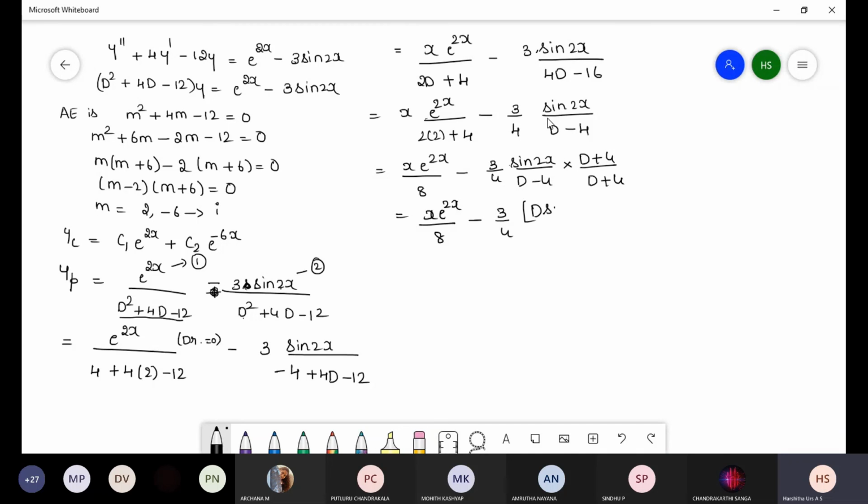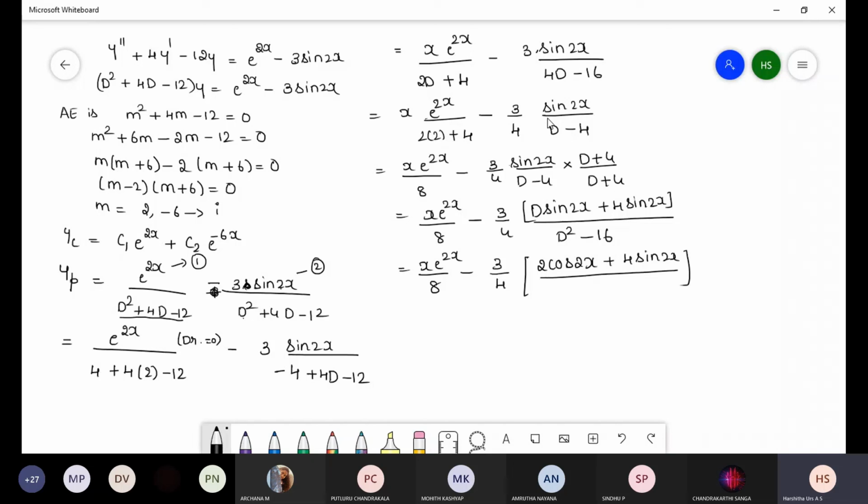Differentiation of the sine 2x plus 4 into sine 2x divided by d square minus 16. x into e power 2x divided by 8 minus 3 by 4. Differentiation of the sine 2x is 2 cos 2x plus 4 sine 2x.